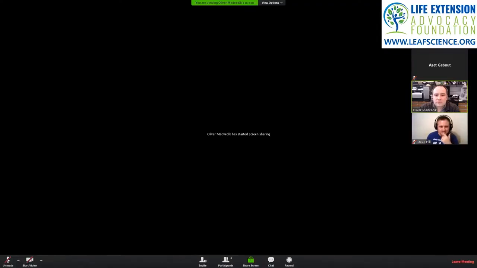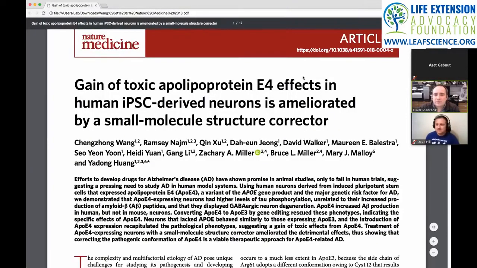All right, so the paper that we are doing, and I'm assuming it's coming in nice and clear, is a Nature Medicine paper, "Gain of toxic apolipoprotein E4 or ApoE4 effects in human iPSC-derived neurons is ameliorated by a small molecule structure corrector" by Wang et al.